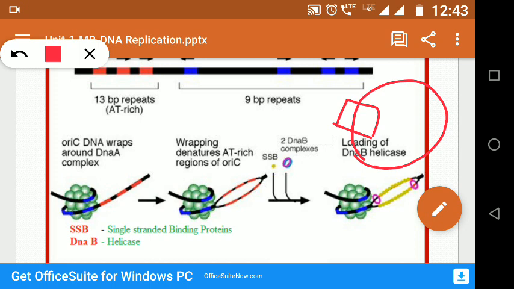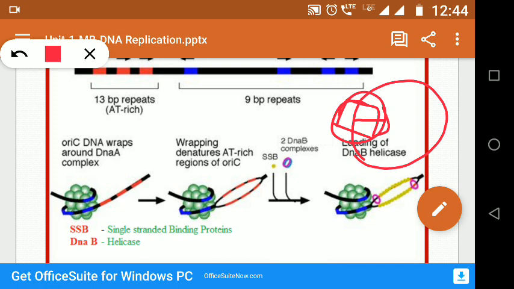This origin sequence will have specific sequences, and those sequences are known as consensus sequences. At this site, the proteins which are essential for DNA replication come and bind here and initiate the replication process.